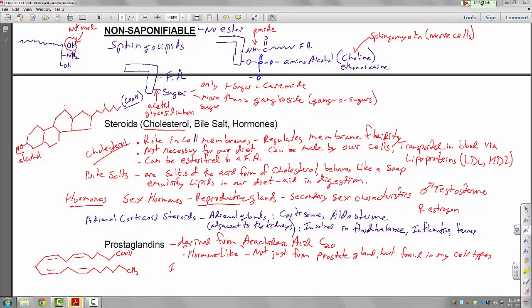They're involved in clotting, inflammation, fever, and also birth and delivery.